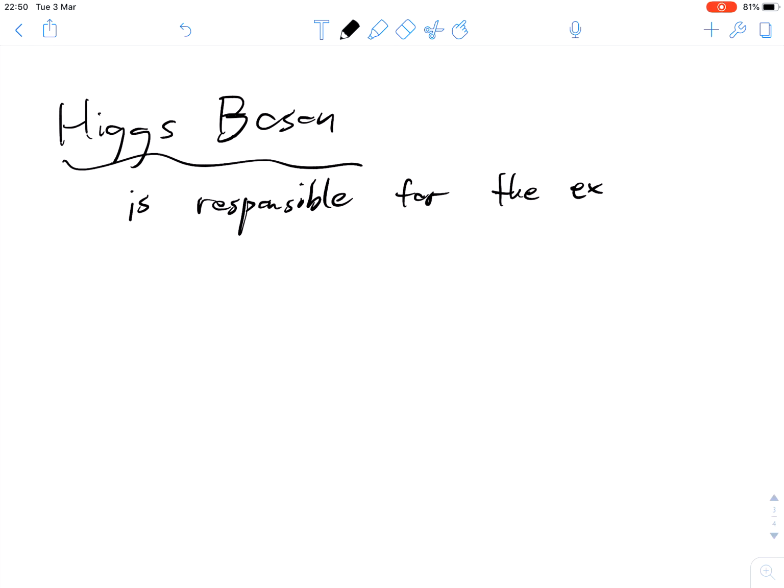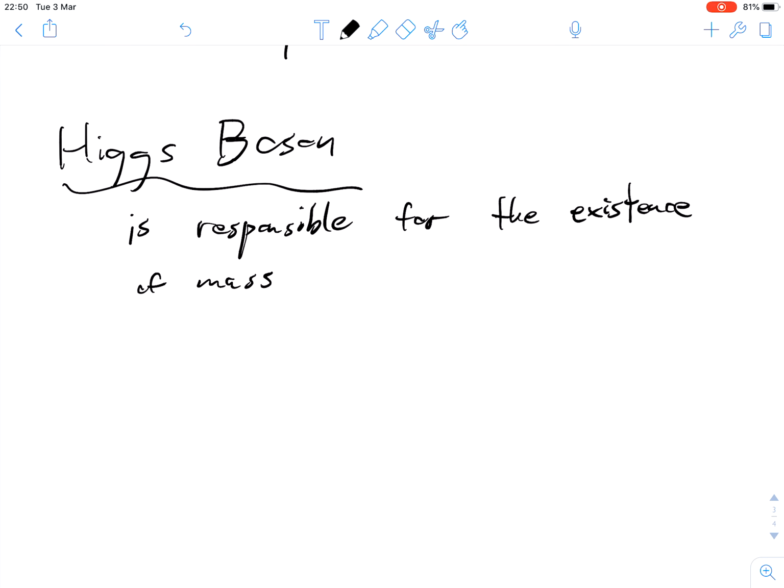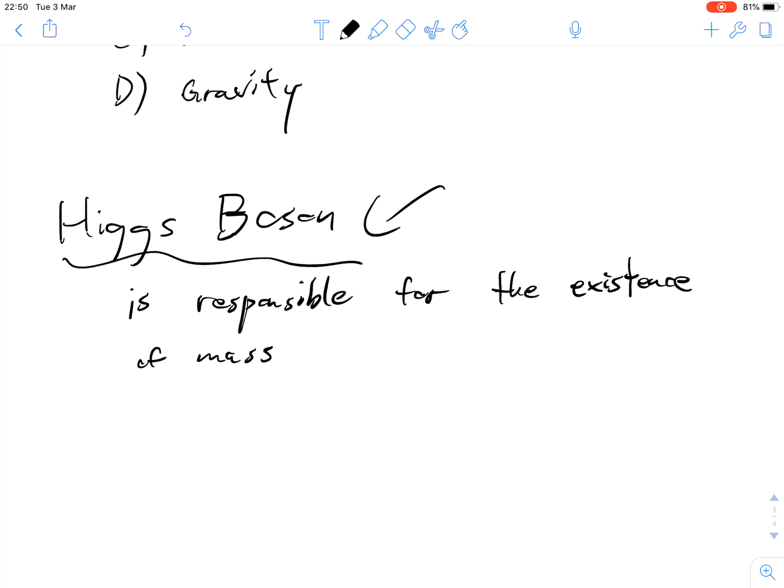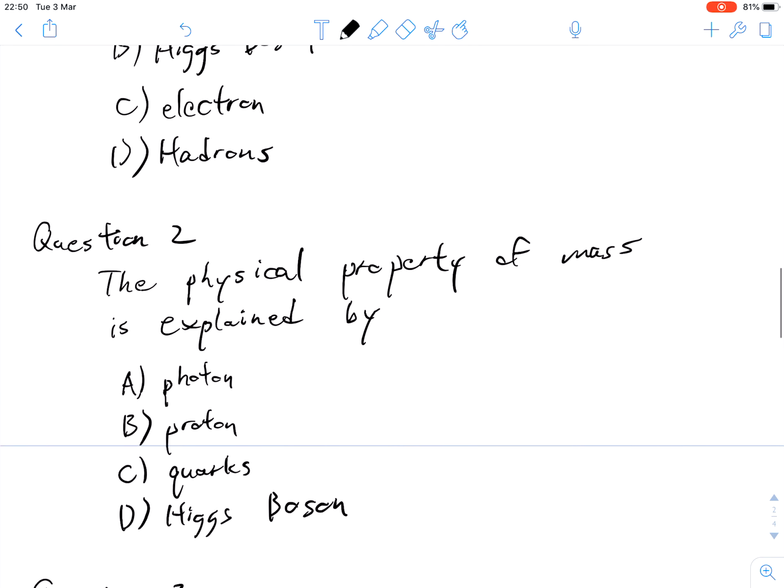It's pretty close to that. Or rather, how mass comes to be is due to what we're calling the Higgs boson field, along with the Higgs boson particle. This is a little bit of extra stuff, just for your enrichment, but there is a question here on that.